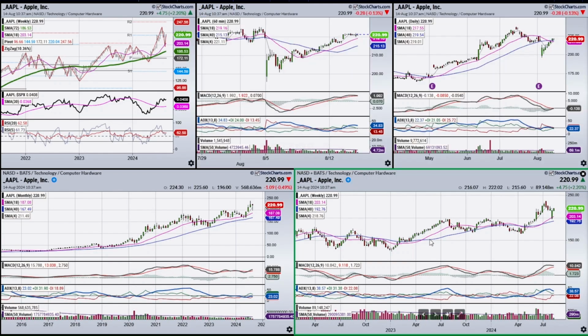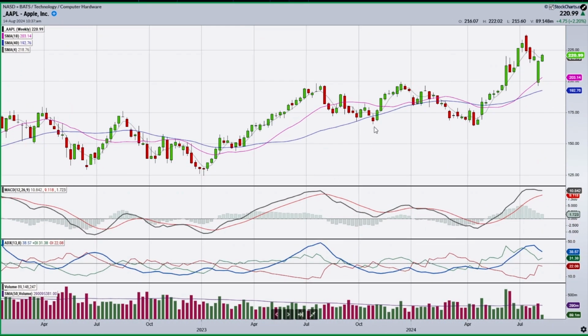Okay, so I want to look at Apple real quick because I think this is showing something that I want to make sure everyone sees. When you're looking at your individual stocks, you'd be surprised at how many of these. I look at a lot of stocks over the weekend, and I couldn't believe how many big, giant green bars I saw after coming down to support. In some cases, they overran support a little bit, but really strong reversals took place.